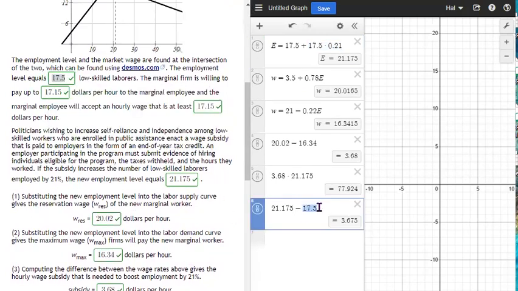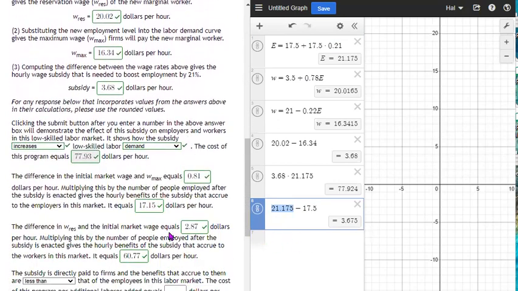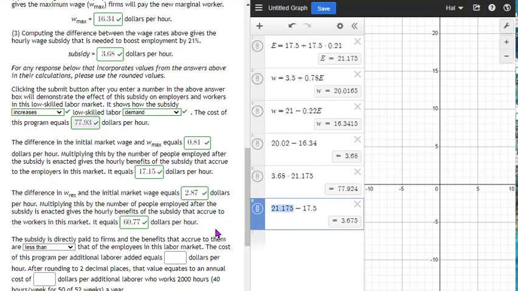The number of workers in the labor market after the program was instituted is 21.175. So how many workers were added to the labor market? 3.675. Now that's not chump change again, remember? If this is in millions of workers, we're talking about 3.675 million workers, right? So that's not chump change. That's a lot of human beings, right?